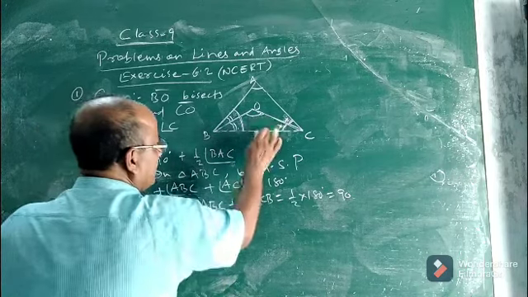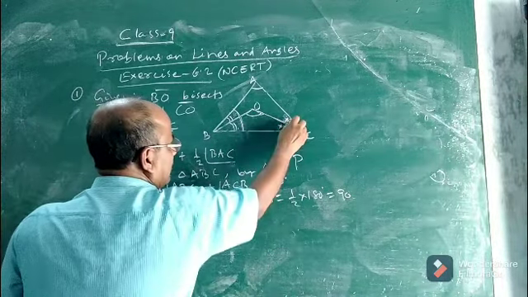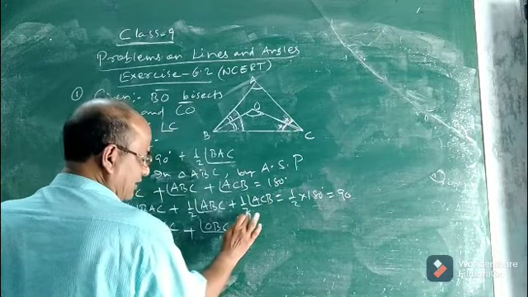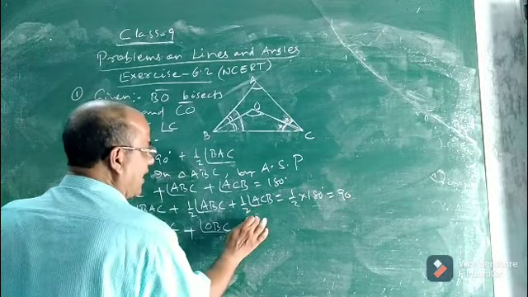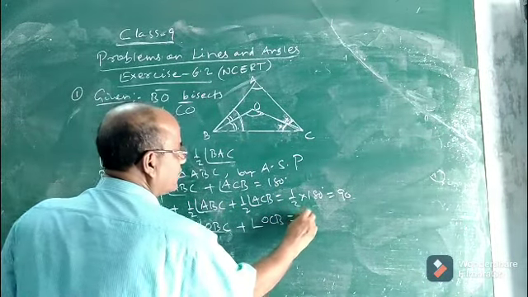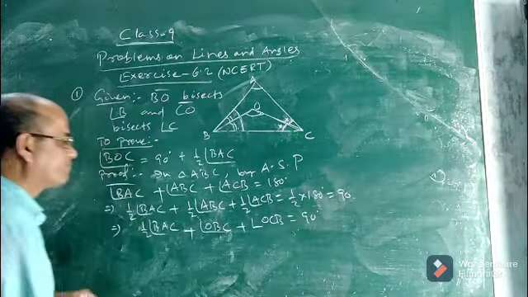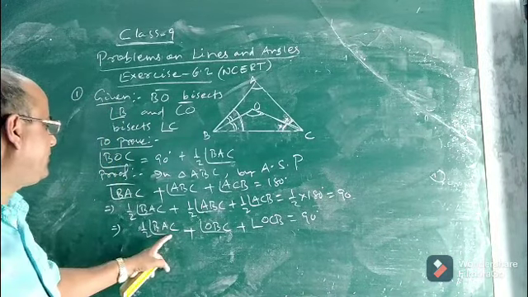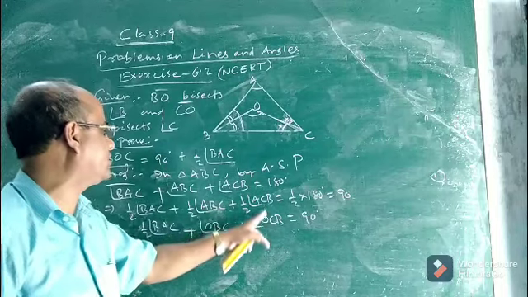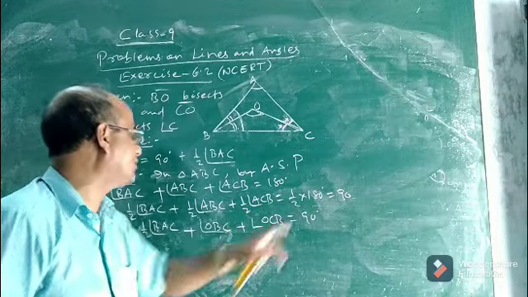And half of ACB: these two angles are equal, so half of ACB will be this angle as well as this angle. Let us write angle OCB in place of half ACB. So half BAC plus OBC plus OCB equal to 90 degree.